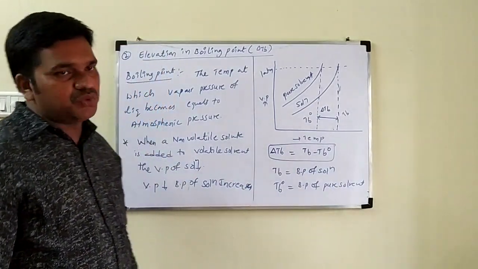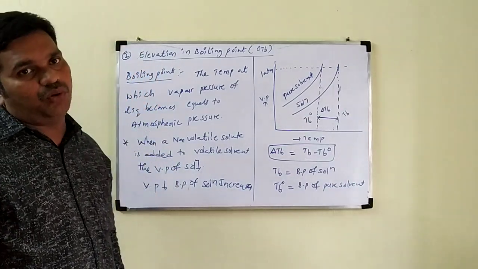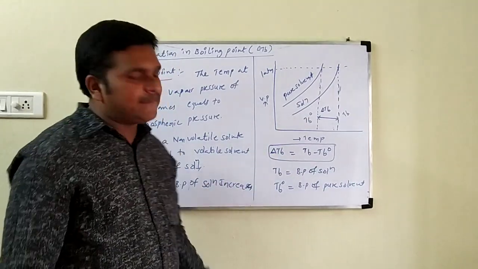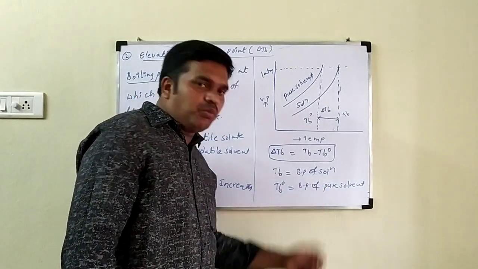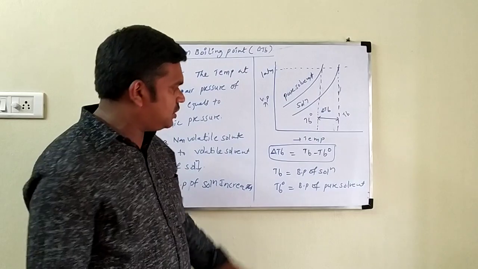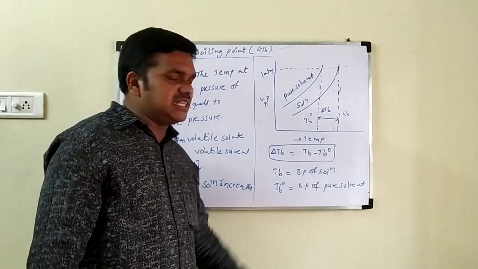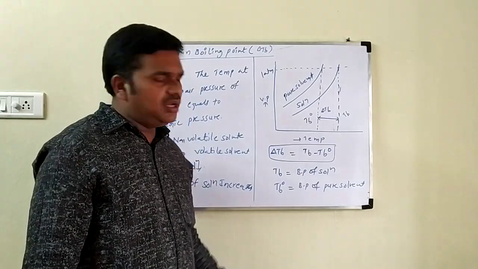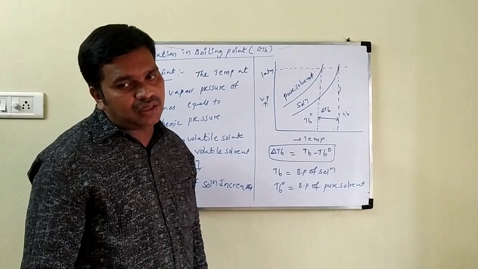Now from this we have to define what is elevation in the boiling point. The difference in the boiling point of the solution to the boiling point of the pure solvent is called elevation in boiling point.